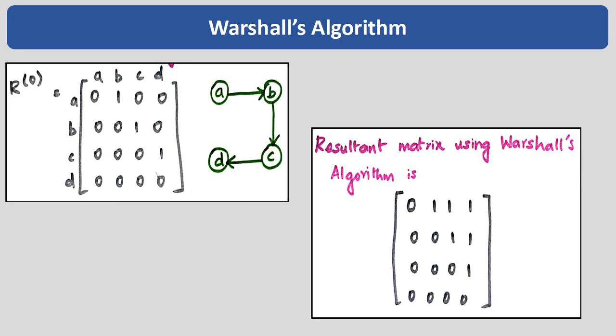And in R3, A comma B comma C are the intermediate elements. And finally in R4, all the four nodes A, B, C and D are the intermediate elements. So by following Warshall's algorithm, we have found the resultant matrix and this is the final answer.